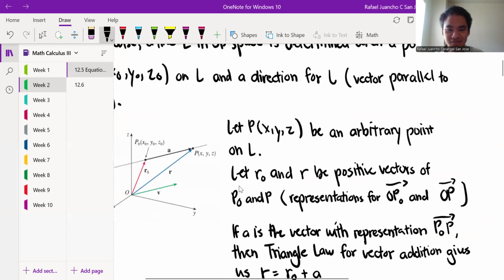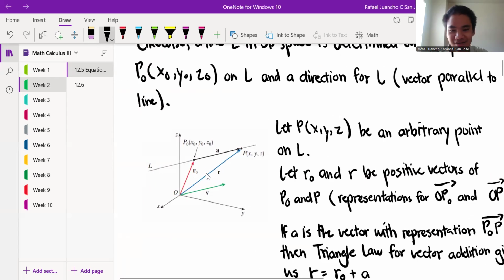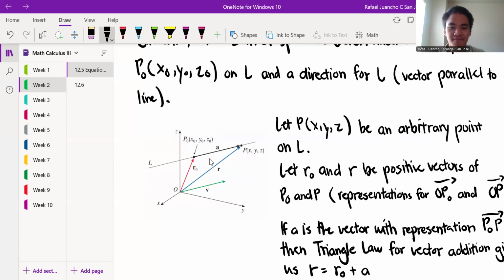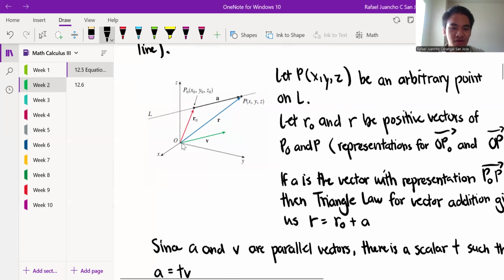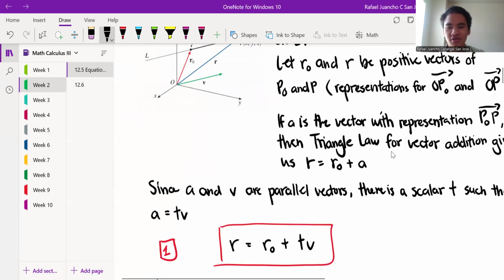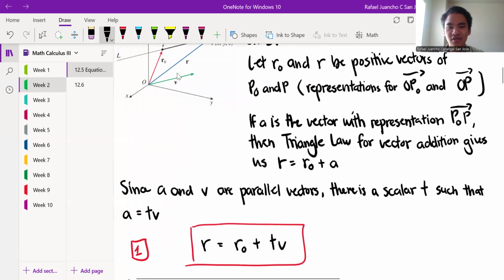I think this is the better visual. We have an R naught vector that's pointing towards this L. It gives us this corresponding point P naught. We have an R vector, and this is also passing through this point. This line L has X, Y, Z coordinates, and then we have a vector V that's parallel to L. From there we got vector representations using the triangle law.